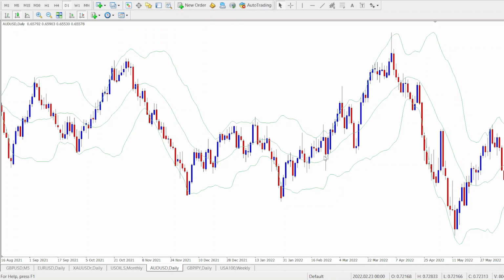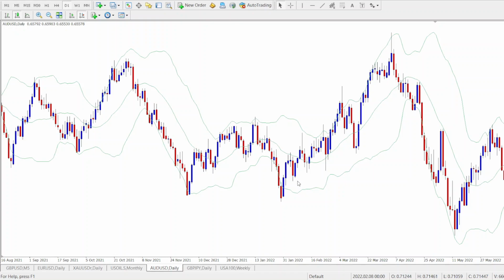So that's the default setting. Now this creates a range that adapts to market volatility. So these bands help traders identify potential price levels for entries and exits.